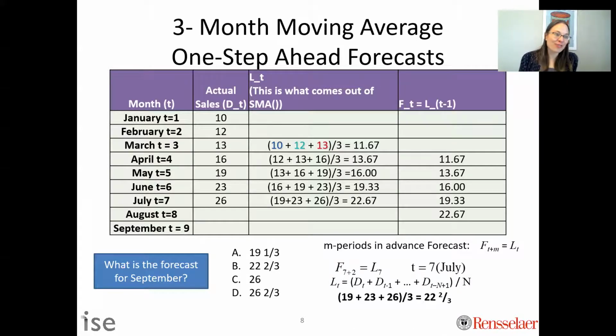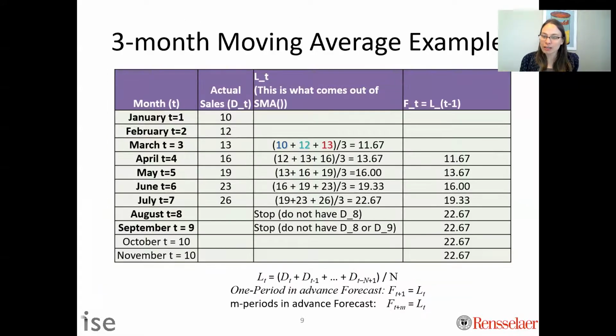Okay, so hopefully that makes sense. And so hopefully you got that both the forecast for August and the forecast for September, given the last piece of data we have observed occurred in July, is 22 and 2/3. All right, so one of the harder things sometimes people get their mind around is you have D of t, which are actual pieces of data, and then the forecast, which here we need L of t.